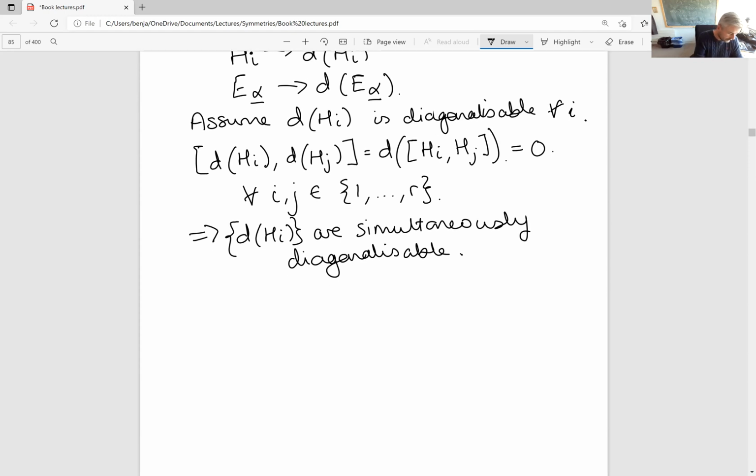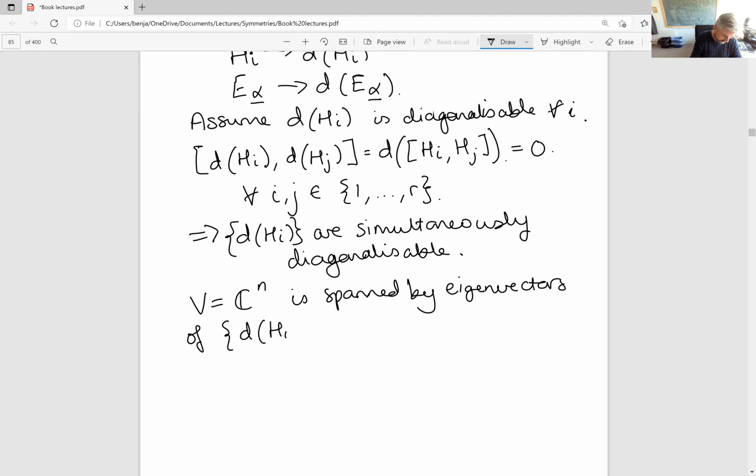Okay, so if we take the space complex numbers to the n, this is spanned by the eigenvectors of d of hi.